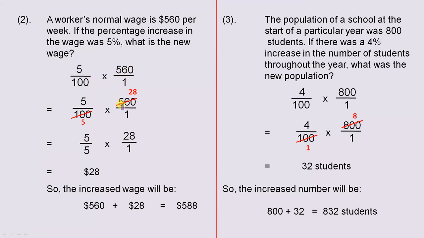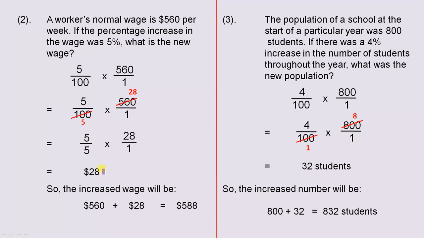We write that down again for the working. 20 into 100 goes 5 times. 20 into 560 goes 28 times. Now, 5 over 5, that's there, and 28 over 1, that's there. Now 5 over 5 is 1, so that gives us 1 times 28 is $28.